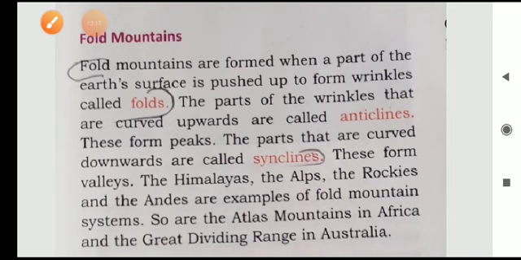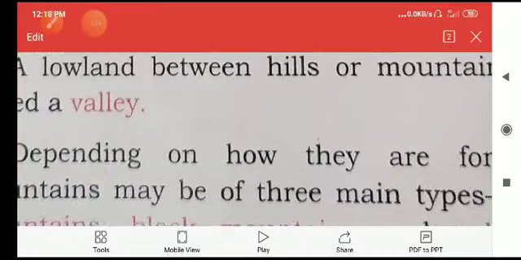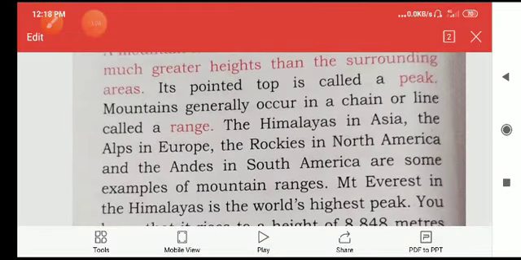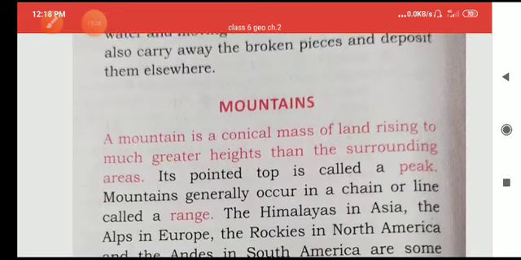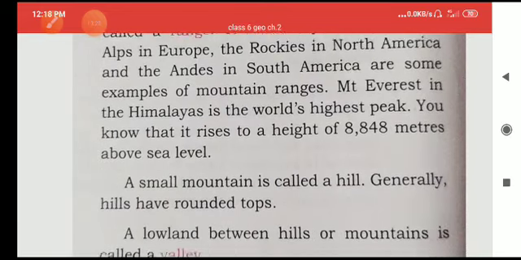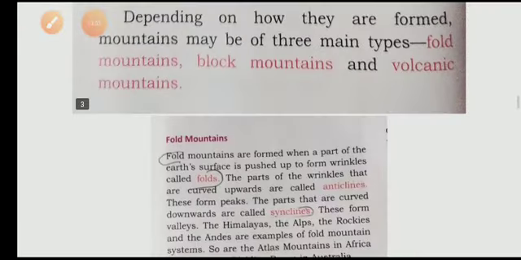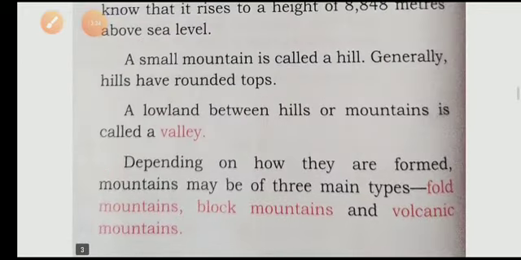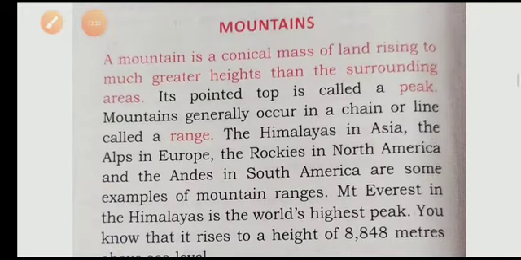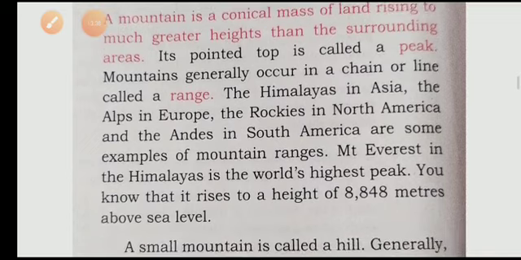And the next question is old and young mountains. Answer is on page number 11, right side first paragraph, first sentence onwards we need. Older mountains have been exposed to forces like wind and water for a very long time.